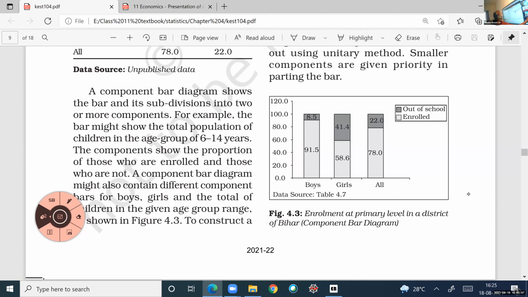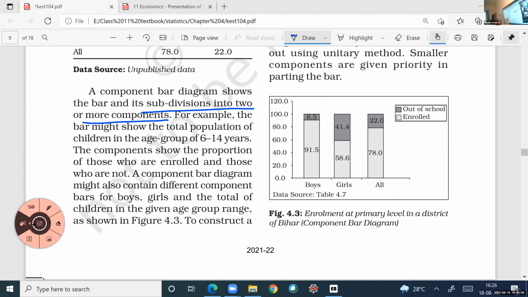Okay, so the component bar diagram shows the bar at the same time with the subdivisions. Two or more components we have. That is why we call it a subdivided bar diagram, or component bar diagram. We are using the bar, dividing it into different categories, and when you total these components, you will get the total of that particular data.